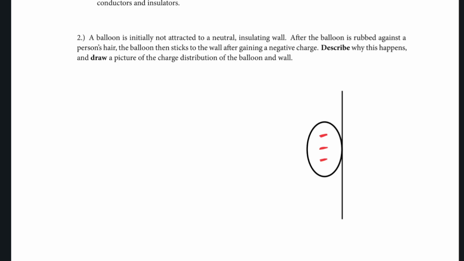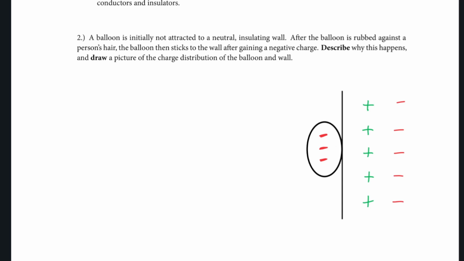So we can just use the fact that this negatively charged balloon is scaring the electrons deeper and deeper into the wall. So even though there won't be a charge transfer due to this being an insulator, we're still going to get a polarized model of the wall where there'd be more positives on one end of the wall than the other.